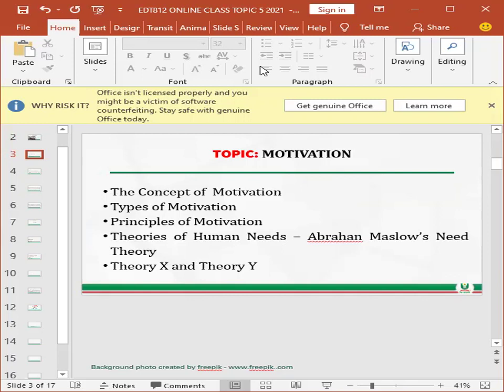Today, like I said, we are going to discuss motivation. We start with the concept of motivation, types of motivation, principles of motivation, and theories of human needs, that is Abraham Maslow's needs theory.